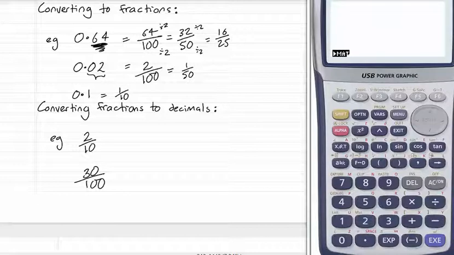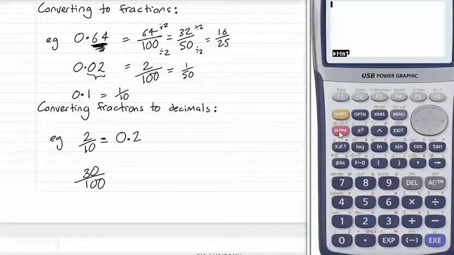Converting fractions to decimals. If we're lucky and our fractions are over a power of 10, then it tells us this is 2/10, 0.2. A 2 in the tenths column. We also know that we can always convert fractions to decimals by dividing the top by the bottom, and we'll learn how to divide a number by a power of 10.